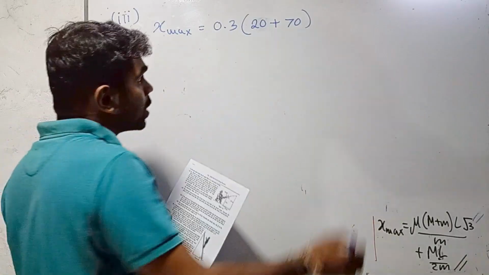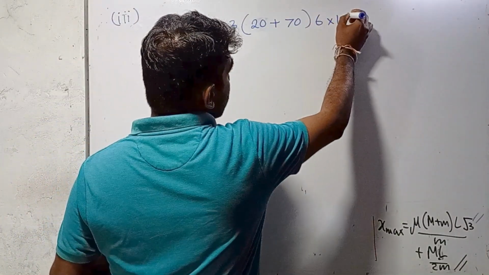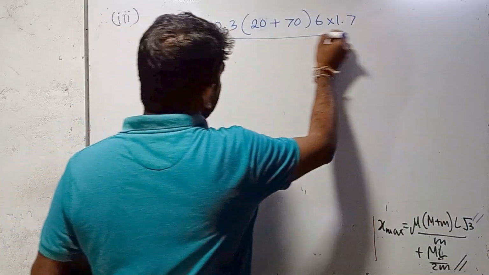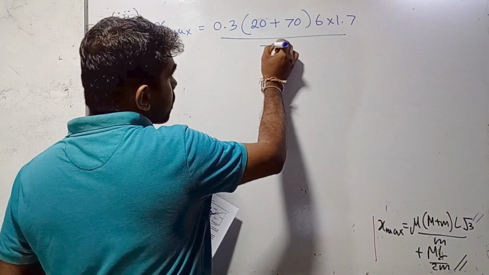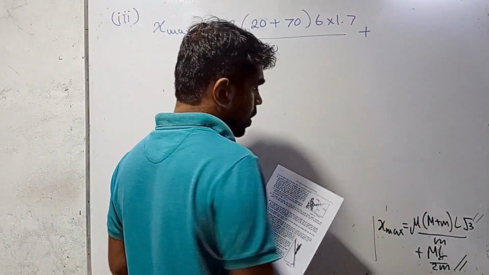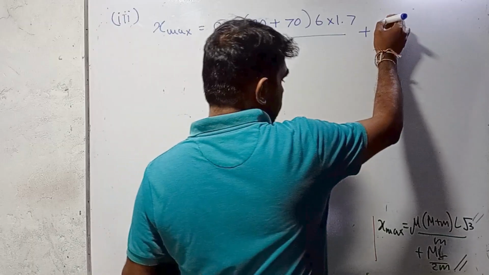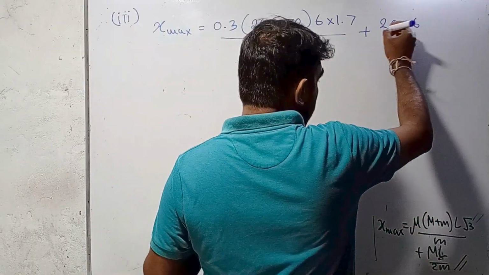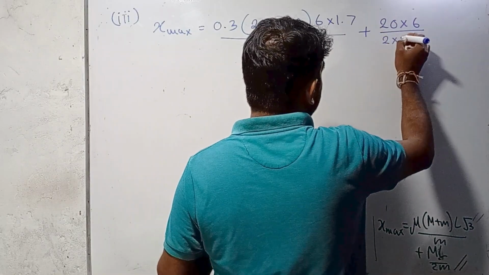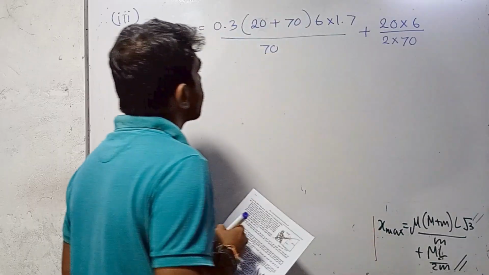Capital L value 6 meters. Root 3 is 1.7, they have given it. Divide by simple M value 70 plus again capital M value 20, capital L value 6 divided by 2 times simple M value 70.